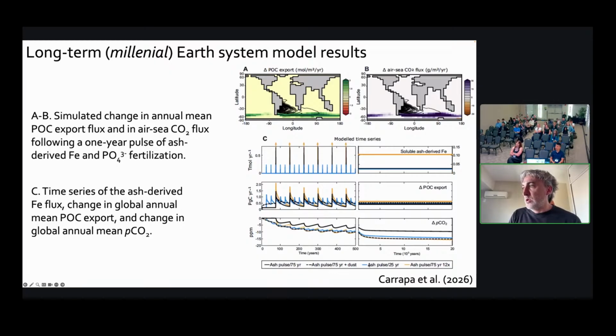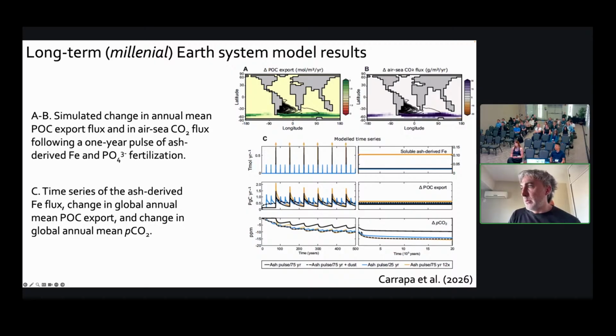And then in blue, we do an experiment where we raise the periodicity of the pulses of ash 3 times. And finally, in orange here, the experiment where we apply the 75-year cycle to the ash pulses, but with 12 times higher amounts.